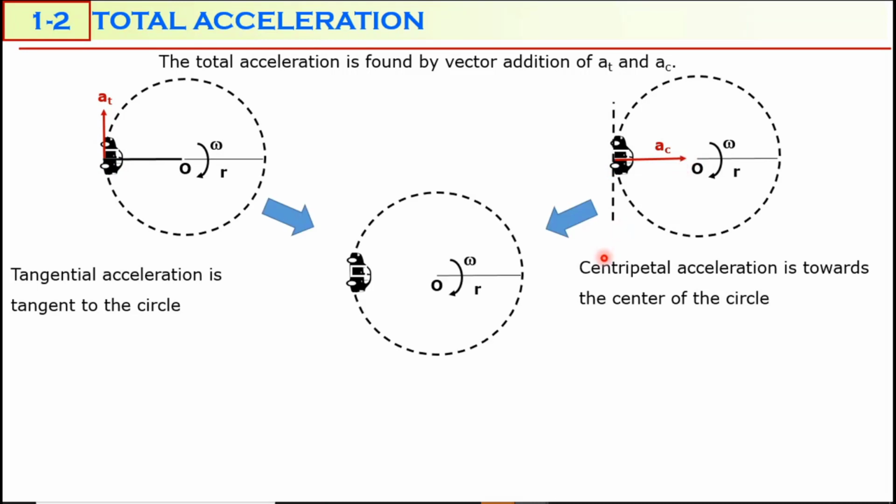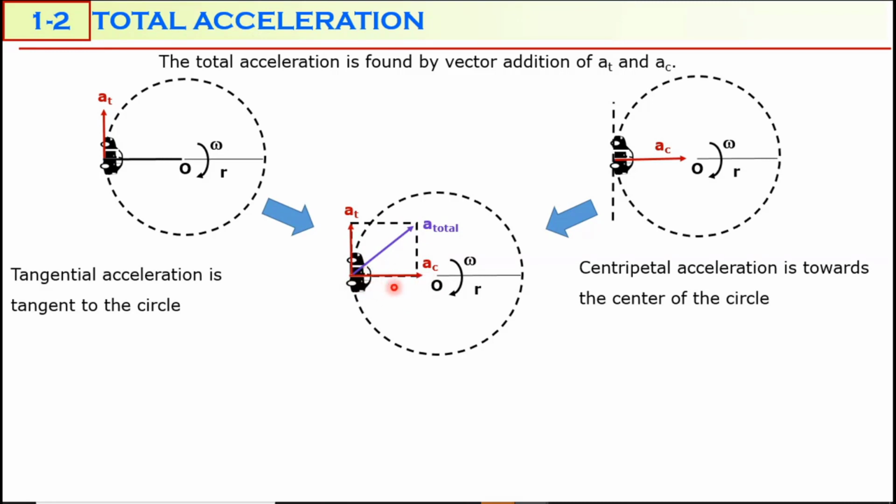Now let's combine them on one circle. So this is AT, this is AC. Use the parallelogram method you studied in the 11th grade to get the total acceleration. It can be calculated, of course, by the Pythagorean theorem.